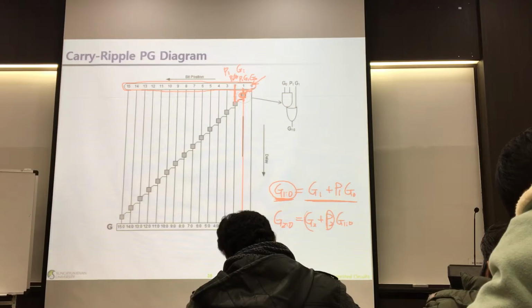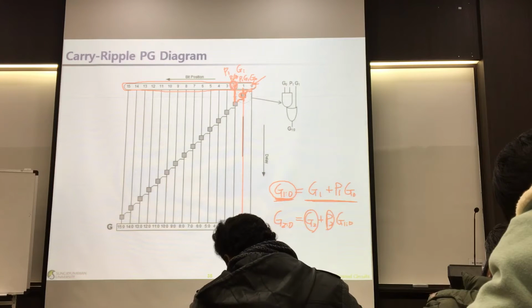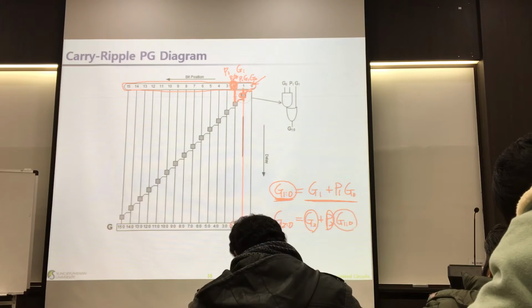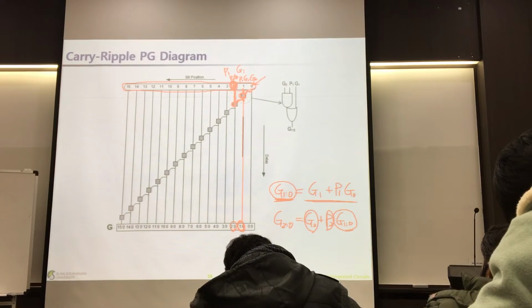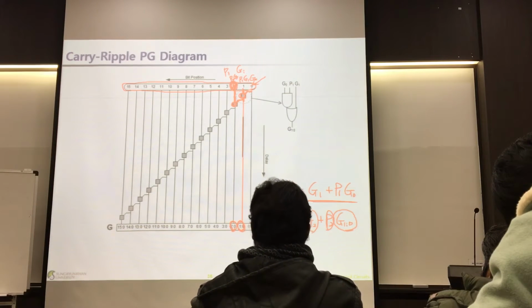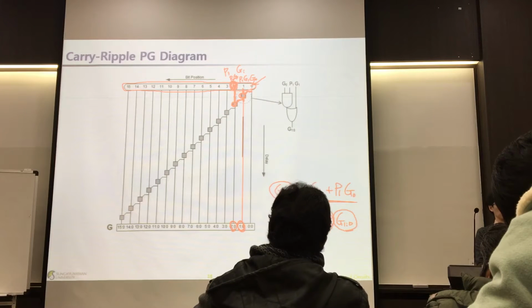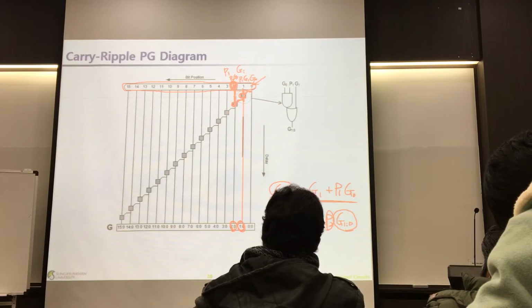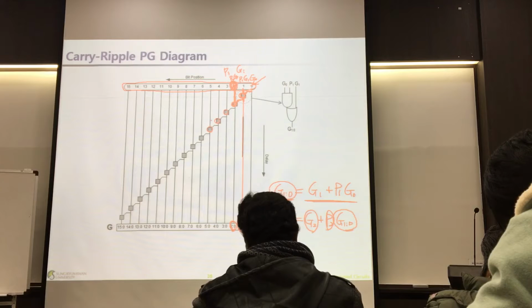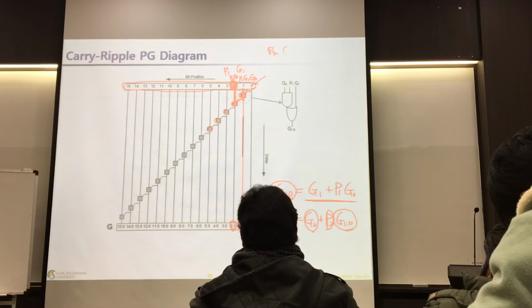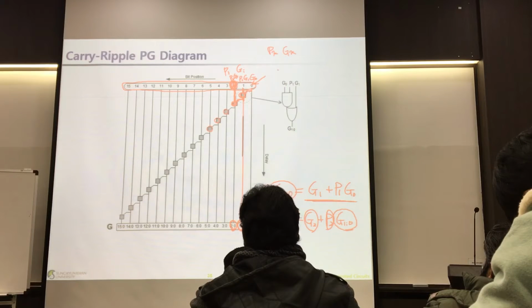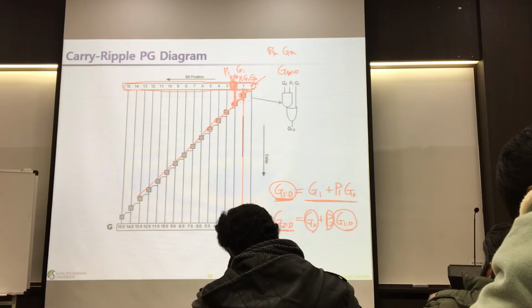P2, G2 is from here, and this G1 to 0 is coming up from the lower bit. Then you can calculate this G2 to 0. So by adding one bit at a time, you take Pk, Gk, and you can calculate Gk through 0. You do that through this chain.